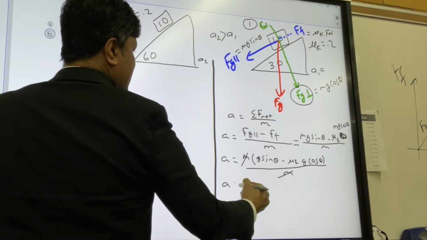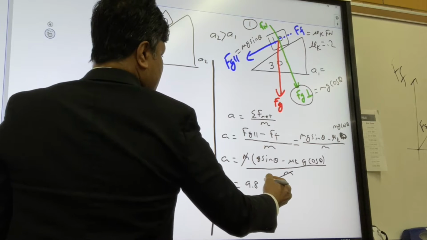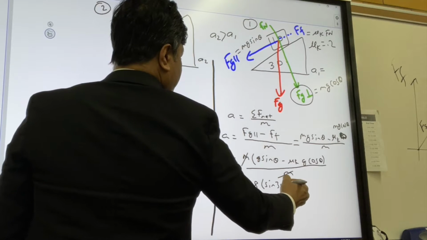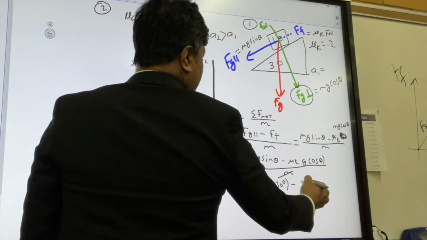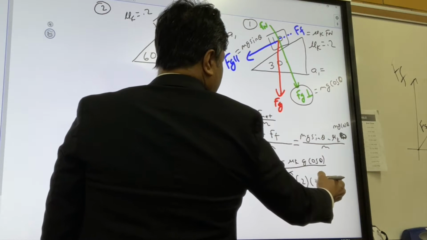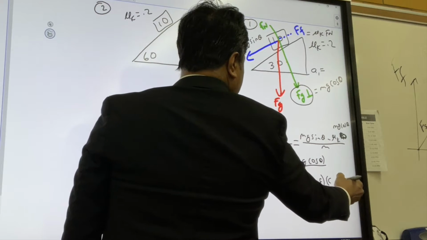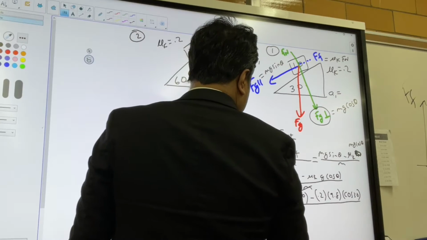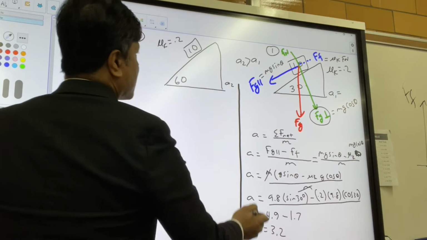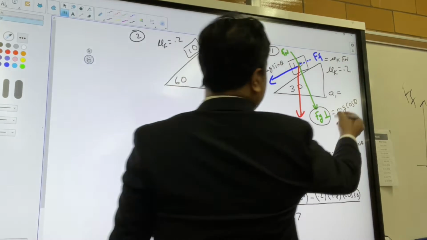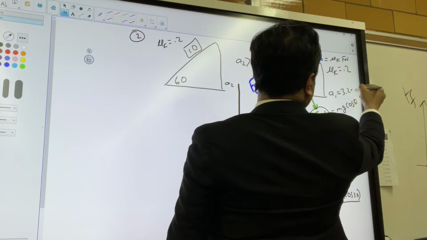So acceleration is g, 9.8, sine 30 degrees minus mu k, 0.2, times 9.8 cosine 30 degrees. Acceleration is 3.2. So acceleration 1 is 3.2 meters per second squared.